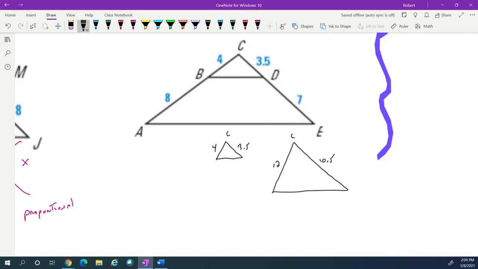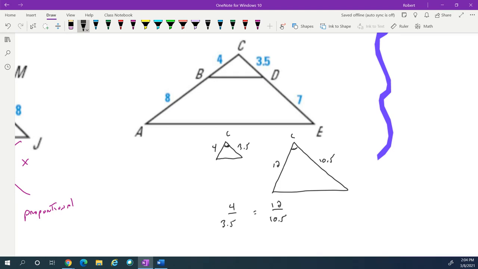And 10.5, again, adding 7 to 3.5. But they both use angle C. So angle C is in common. We need to test those two sides. 4 over 3.5, 12 over 10.5. And we're going to test this.